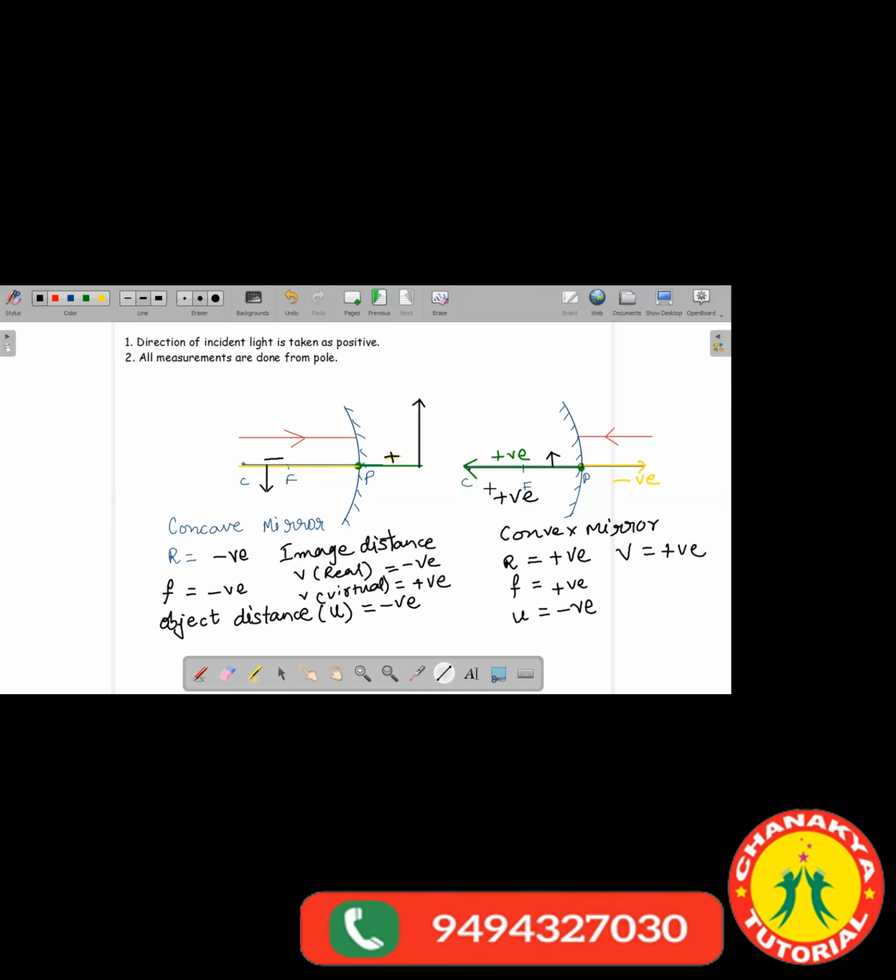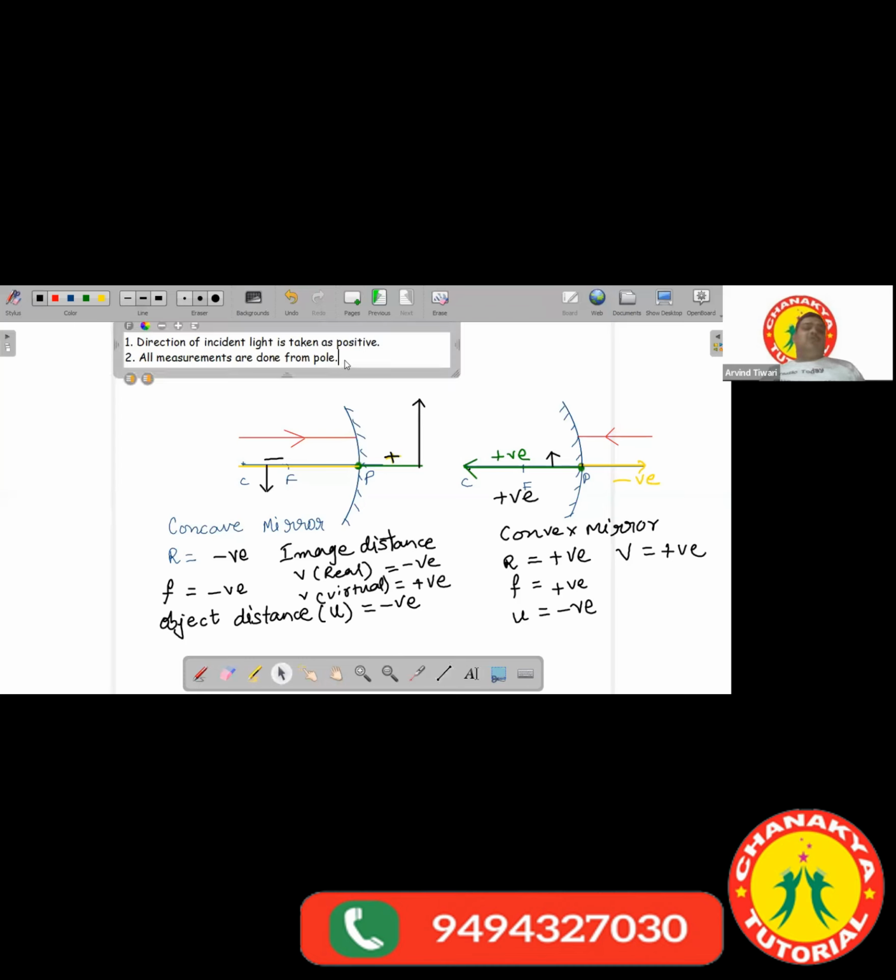Now there are two more points about the sign conventions, but those are not difficult to understand. They are easier than this. I'm just making them note here.